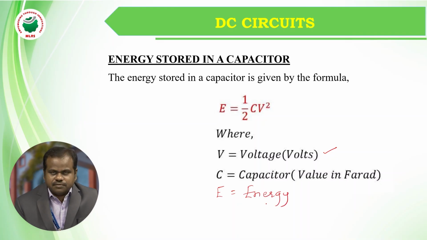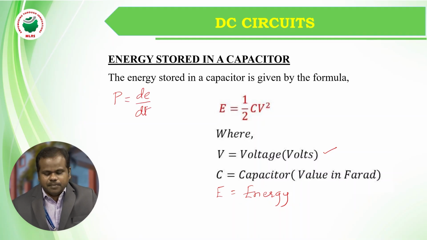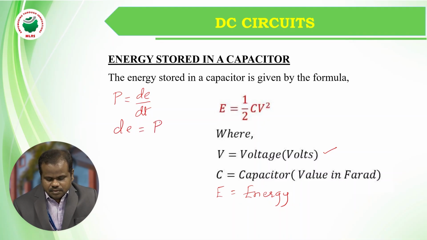So once again, from the definition of power, it is defined as the rate of change of energy, P equal to dE by dt. So from this, energy is equal to P into T. So from the definition of power, it is given by V into I into dt.